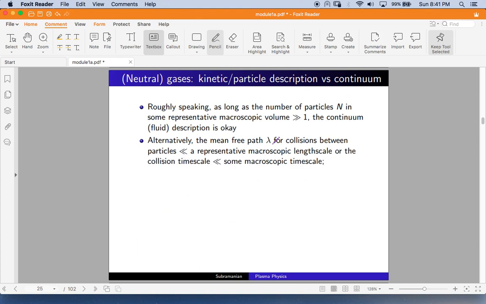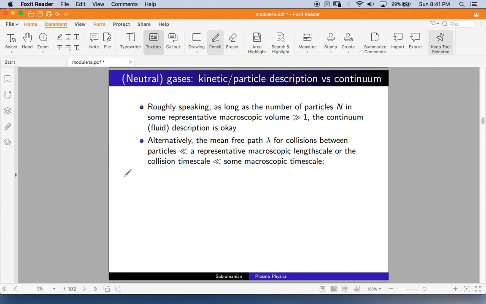Yet another way of looking at it is that when particles collide, there's a collision time scale. A certain time scale over which the particles are interacting, beyond which you can safely say that the particles are, quote unquote, free of each other.